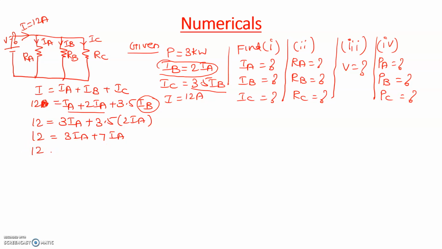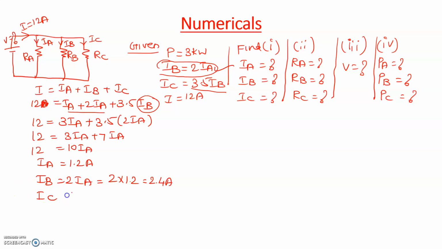This gives 12 equal to 10 IA, and IA will be equal to 1.2 amperes. IB is equal to 2 into IA, which means 2 into 1.2, that is 2.4 amperes.